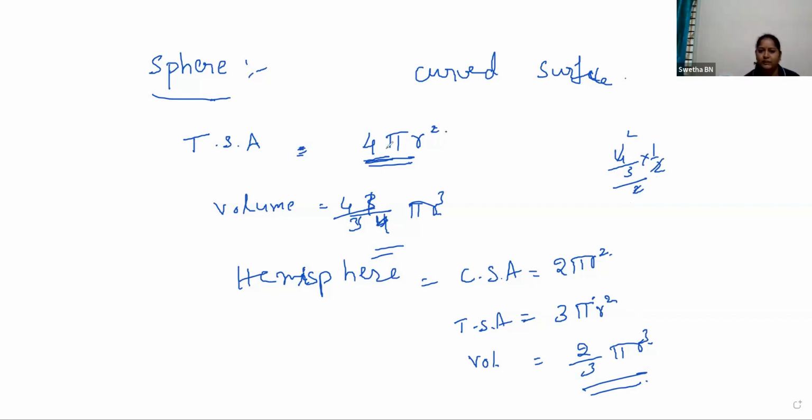You know how it is 4 pi r square, Panchami? No, ma'am. See, for example, take a sphere.